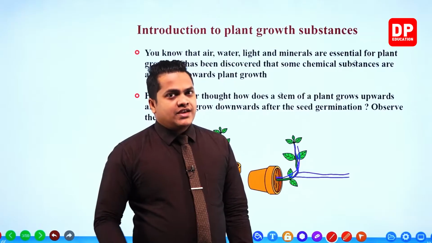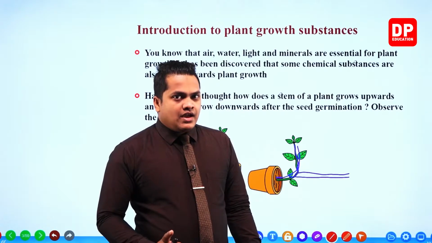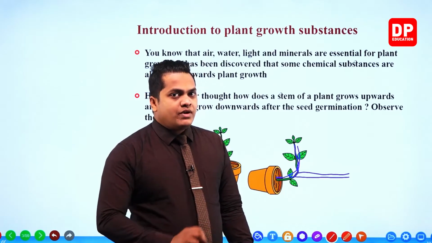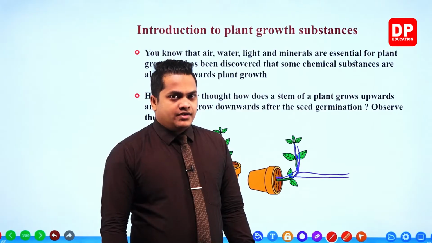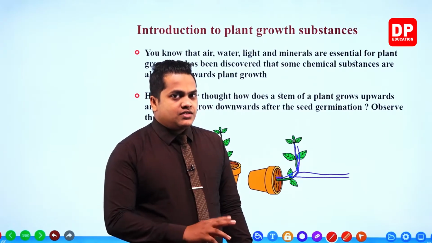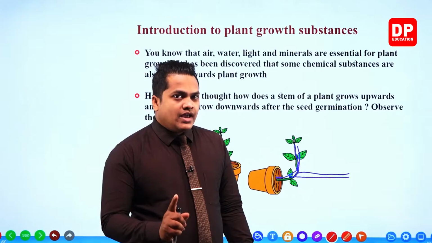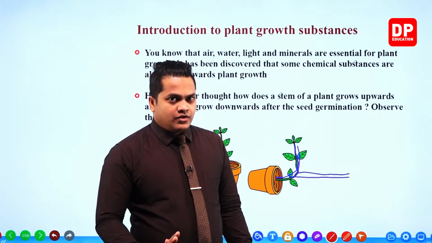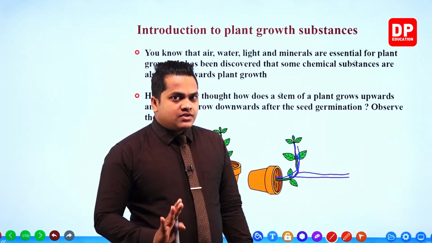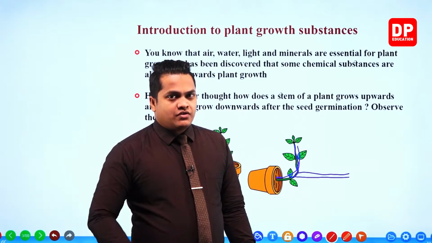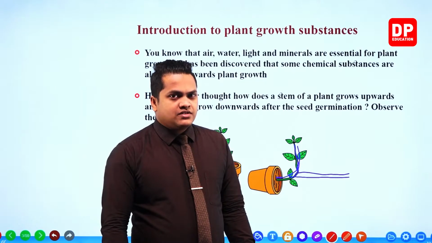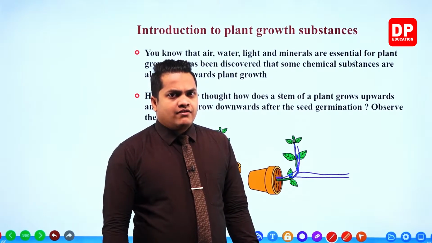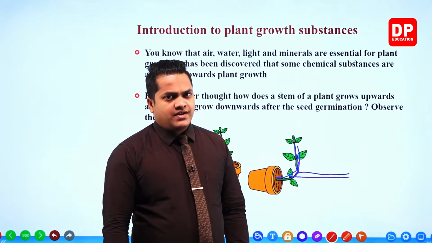Let's head on to the lab and we'll observe these two plants, my dear children. Now one has been leaned but the other has not. So let's observe the direction of growth of these two plants.